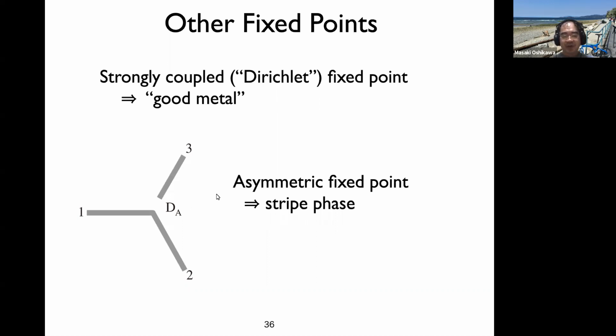Sometimes you can also produce asymmetric fixed points, where this channel and this channel are connected, but this channel is decoupled. If you align this asymmetric fixed point regularly, then you can produce a stripe kind of phase. So there are many possibilities to build 2D electron phases out of these 1D segments.